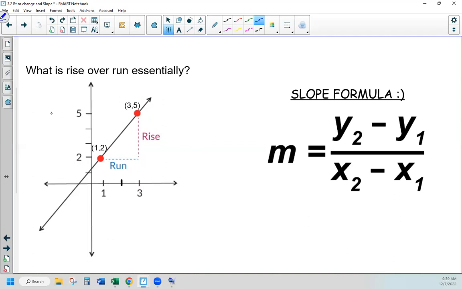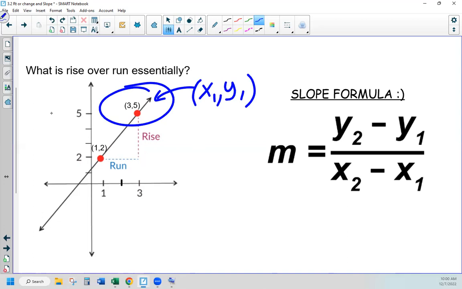So if we were to call this point right here point number 1, we would say that point right there is my x1, y1. That will make my 3 my x1, or the x value for my first point, and then the number 5 is the y number for my first point.